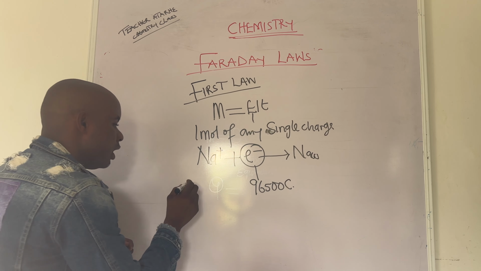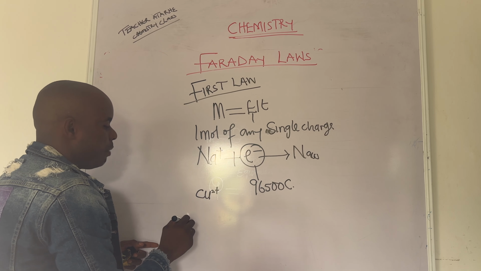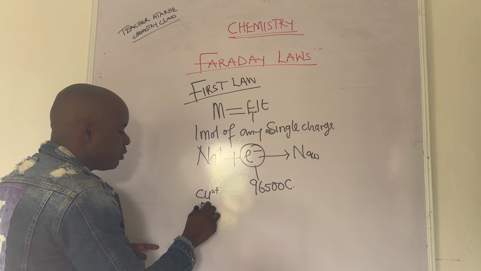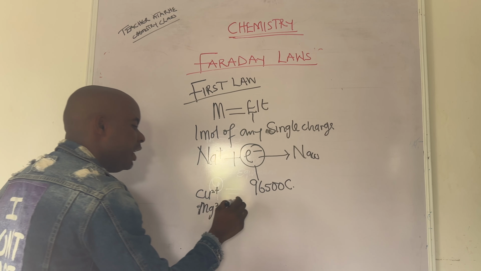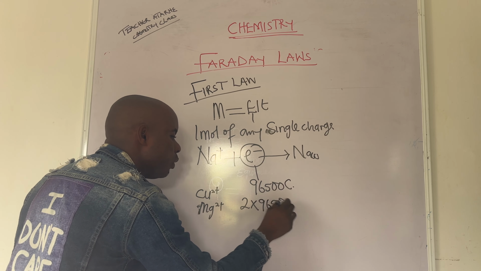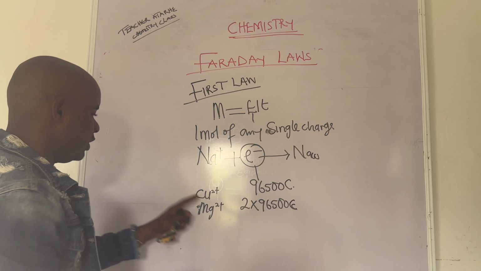For elements that have two electrons, like copper 2+ or magnesium 2+, it needs 2 times 96500 coulombs to liberate 1 mole of these substances.